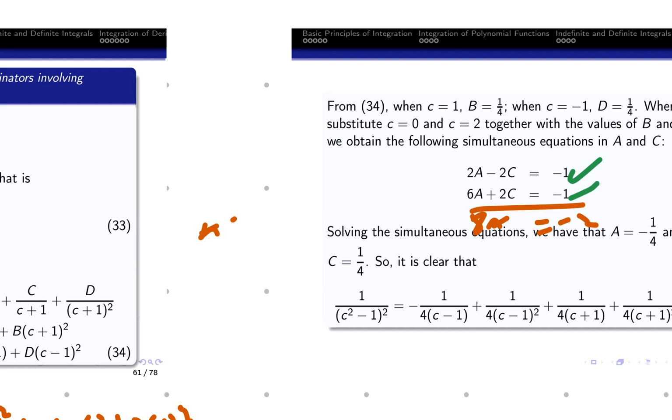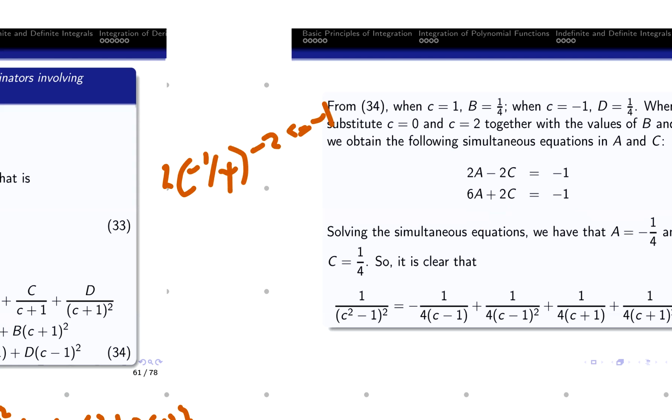And that's settled. Since a is settled, you can simply use any of the equations to get c. So you have 2 into minus 1 over 4 minus 2c equals minus 1. So this is minus 1 over 2 minus 2c equals minus 1.